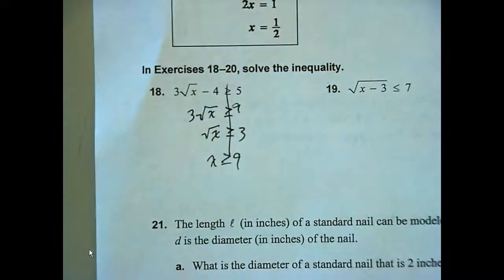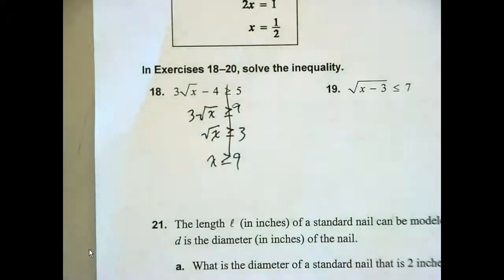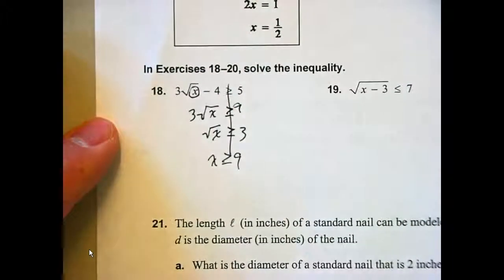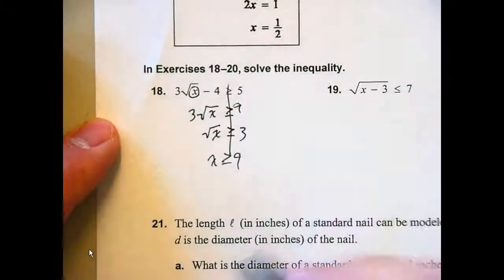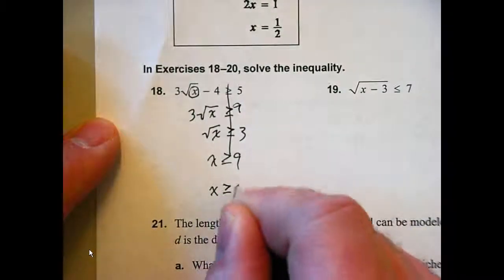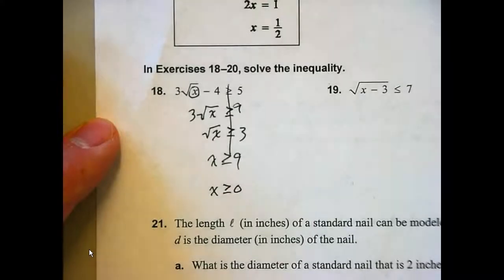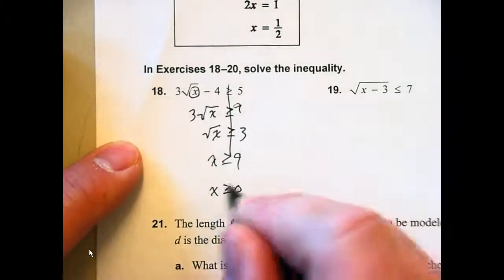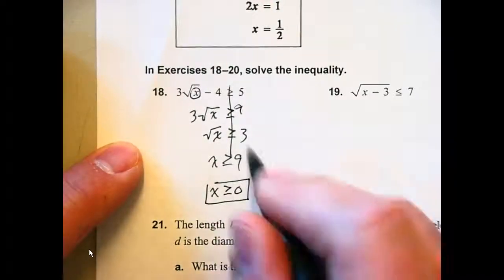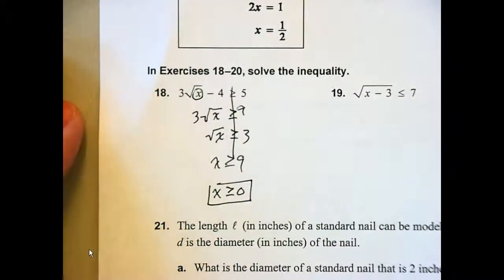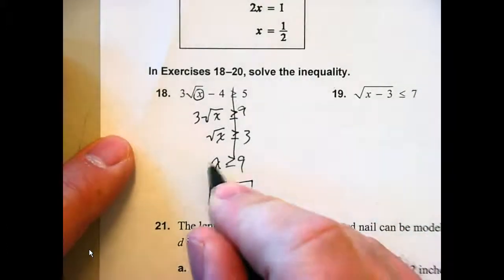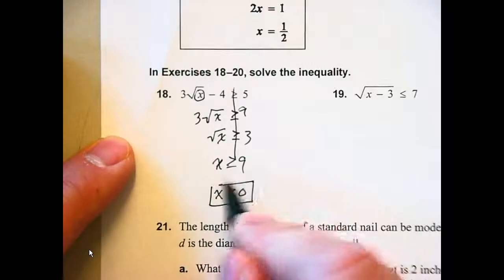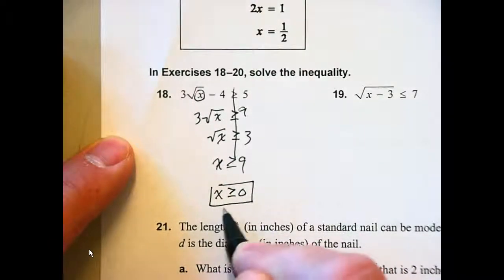Good? Now, how many of you considered the radicand, that this cannot be negative? Did anyone put that answer as well? Now, why would we not need this answer in this problem? Derek? Good. Your answer is already bigger than 9. It's not going to go any lower than 0.